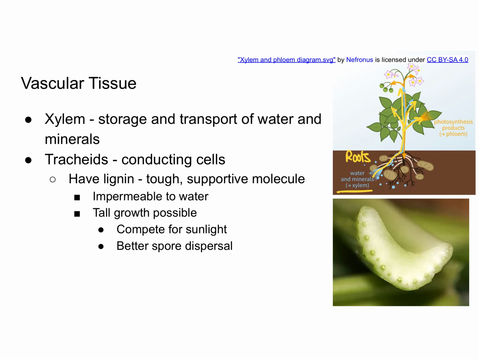So the leaves of the plant don't really need access to water on their own because they can receive it from the roots, which are able to get water from the soil. The xylem are made up of these tracheids, which are specialized conducting cells. And that's how we get the name tracheophyte.